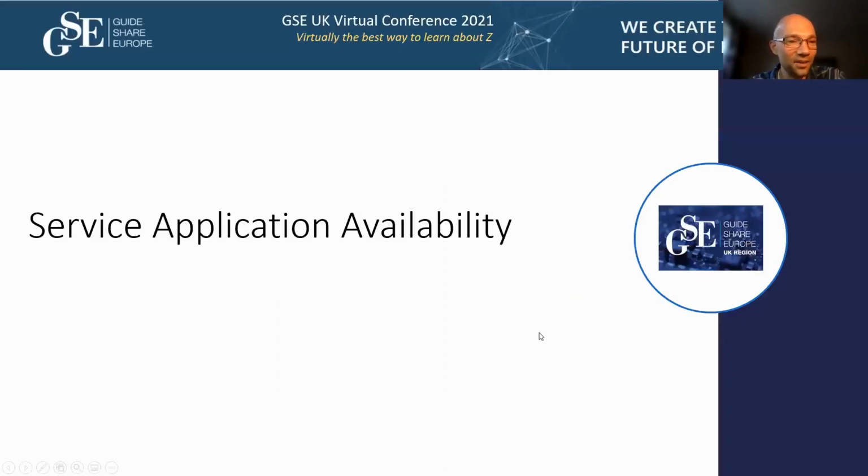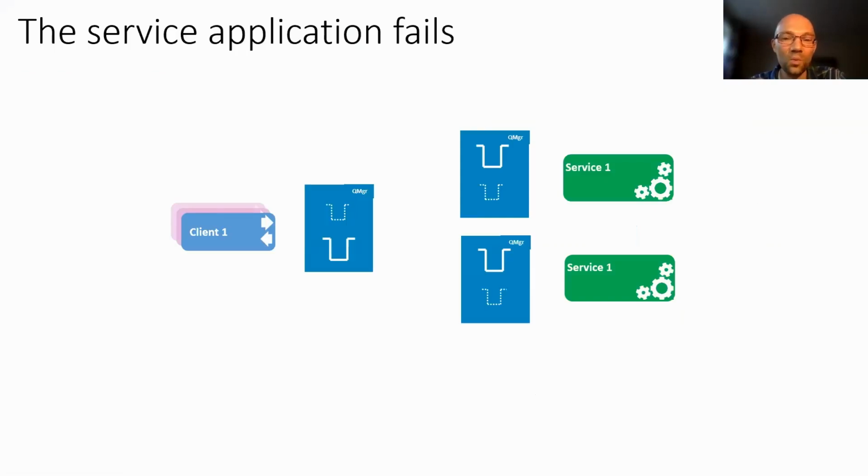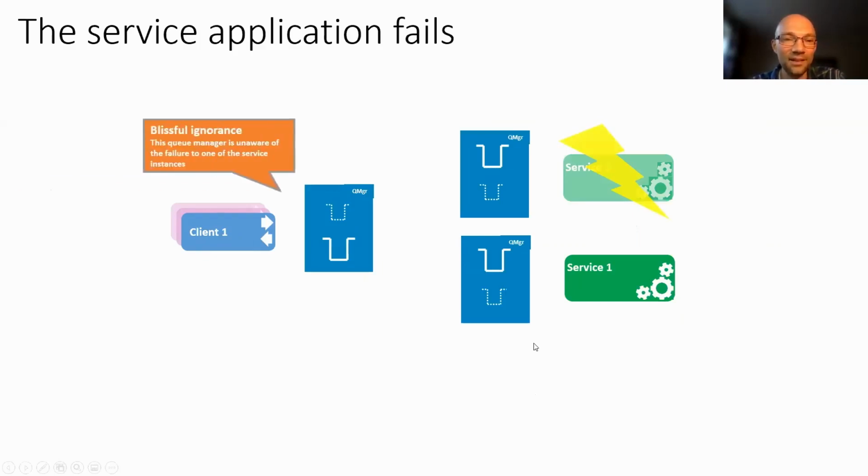There are other scenarios, of course, including what happens if it's only the service that goes down. So the normal situation is that messages flow to both queue managers where we have the same cluster queue defined. They get processed by the service that's connected to that queue manager. But if we lose one service, does MQ know anything about that?